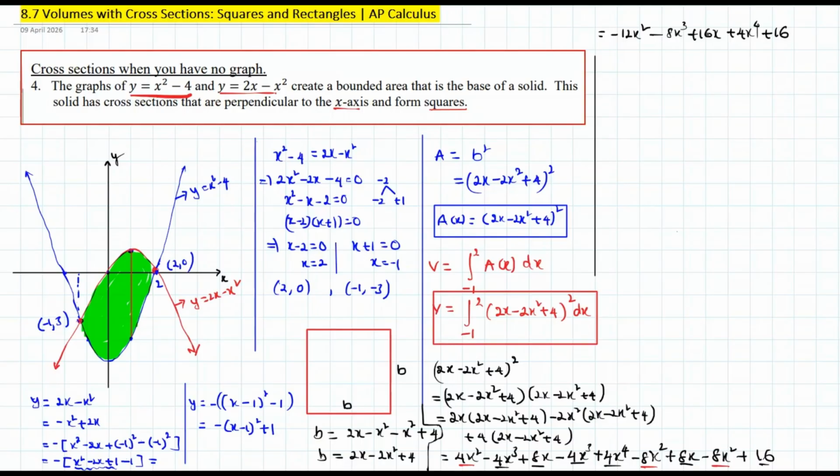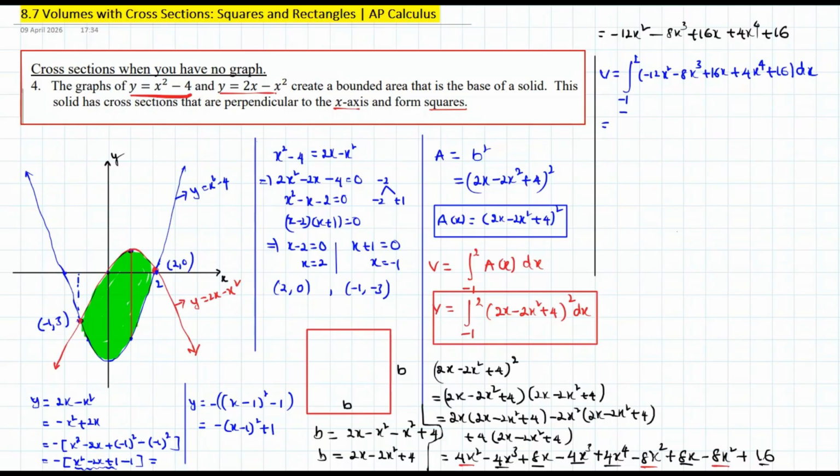So now evaluate the integral. So V equals the integral from negative 1 to 2 of (2x minus 2x squared plus 4) whole squared dx. So that is equal to the integral of negative 12x squared minus 8x cubed plus 16x plus 4x to the power 4 plus 16 dx.